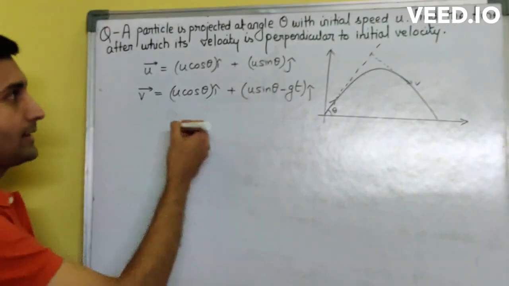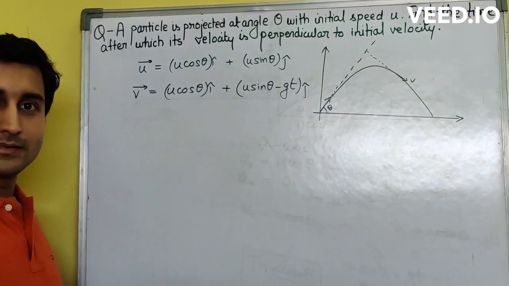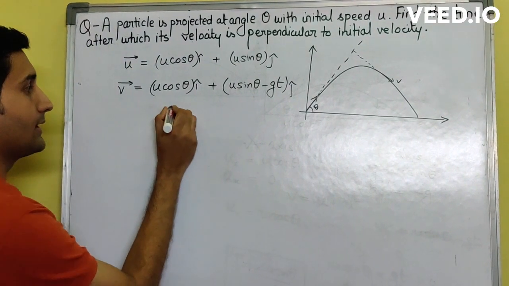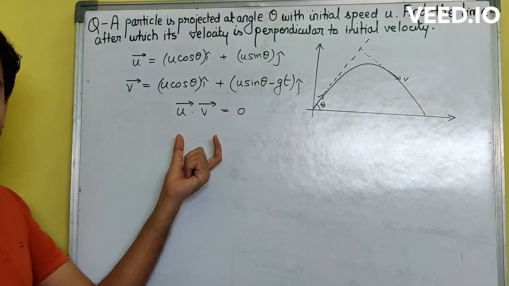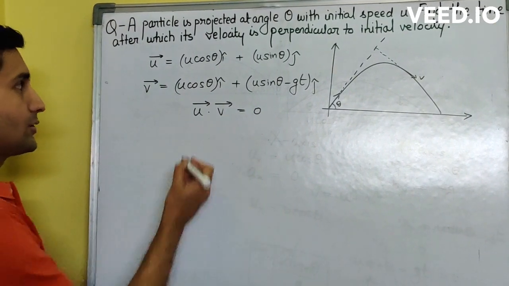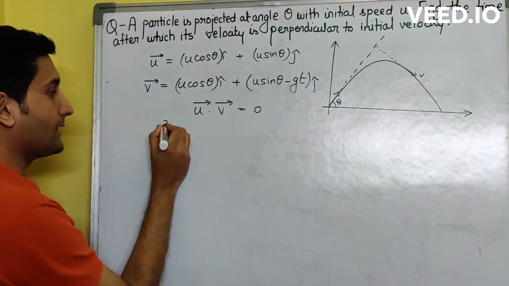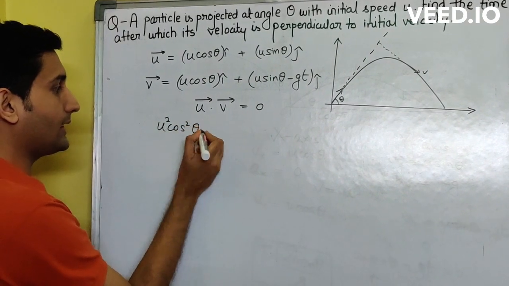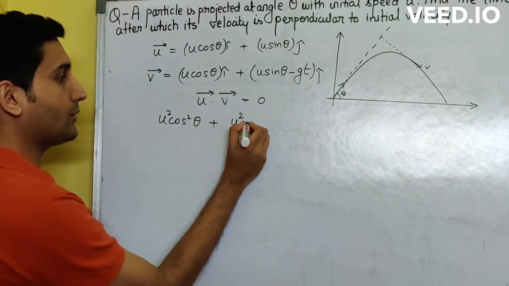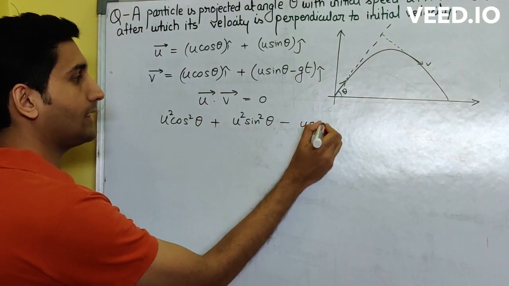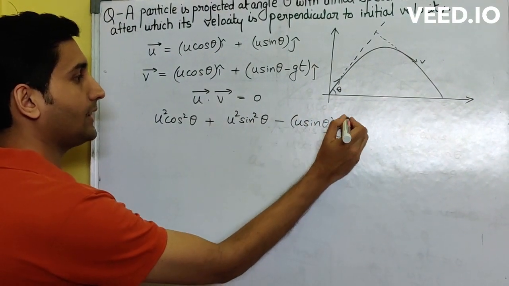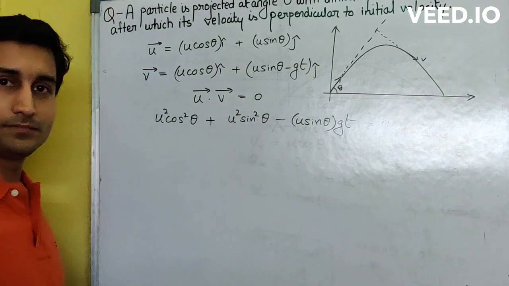Now, these two vectors are mutually perpendicular, hence their dot product is 0. I'm using the property of the perpendicular vectors. So when I take the dot product, what I get is u square cos square theta plus u square sin square theta minus u sin theta times gt equals 0.